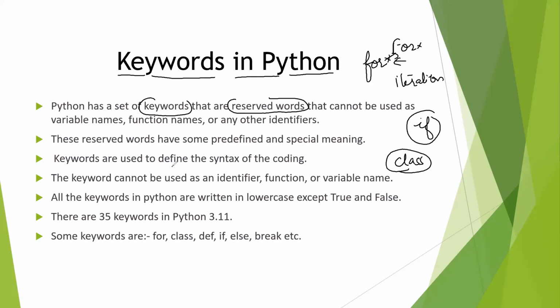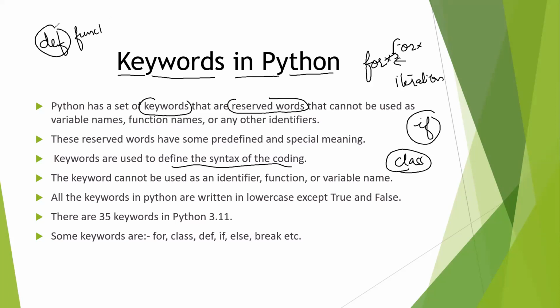And these keywords are used to define the syntax of the coding in Python. For example, if you want to create a function in Python, you have to write def, then the name of the function, suppose function 1. You have to follow this syntax to define a function in Python.